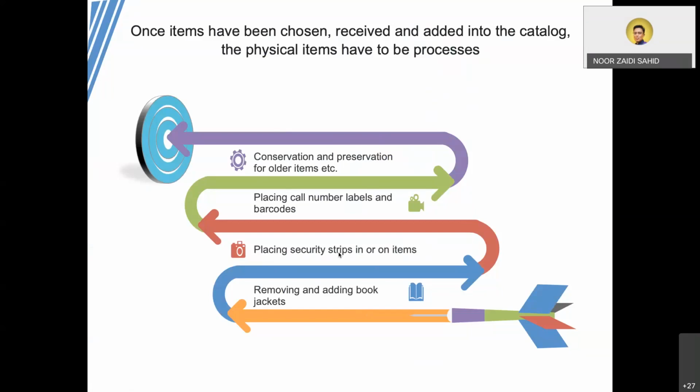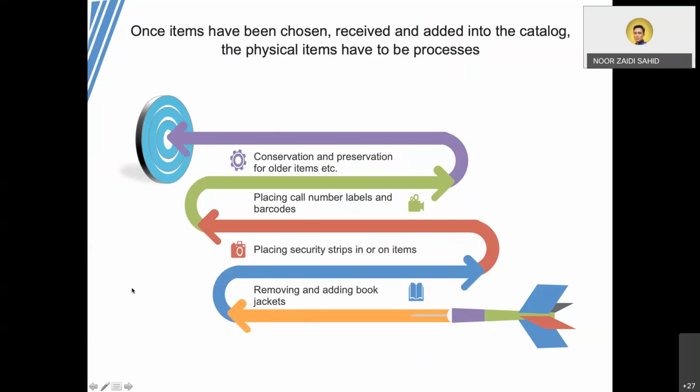Dia menggunakan RFID tapes yang dia tampal pada belakang buku. Ini untuk security check lah. And then placing call numbers, labels and barcodes, especially in the books pages or on the book spine. And finally, conservation and preservation for all the item.